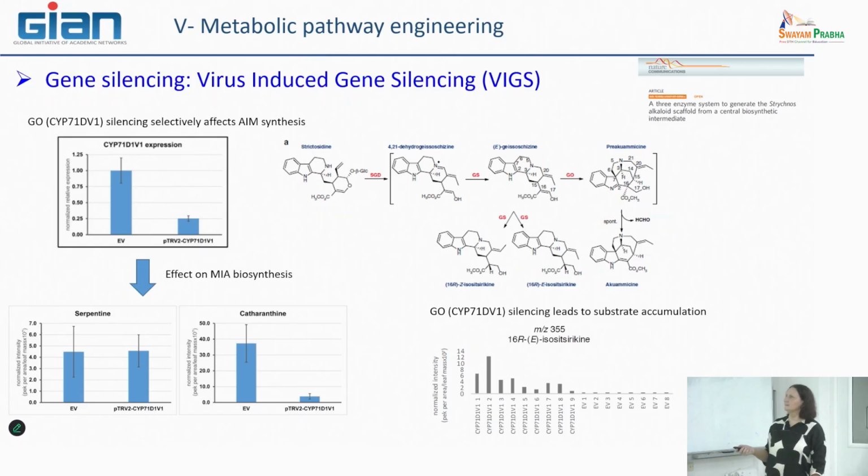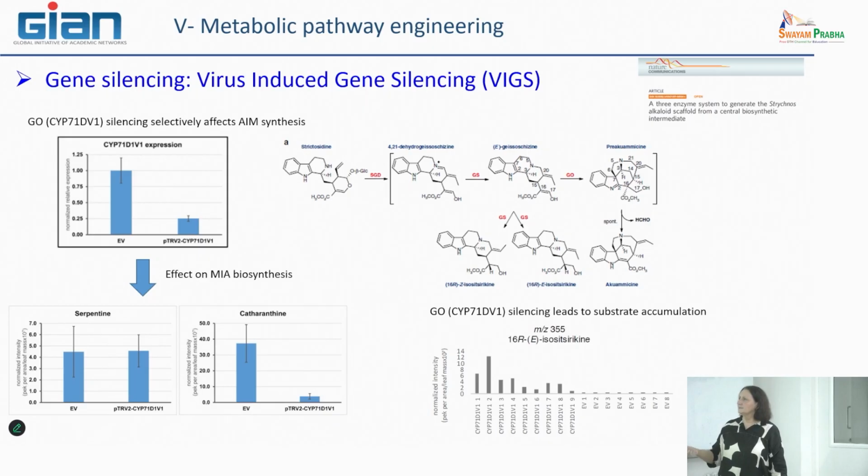What is interesting is that we didn't know which step this enzyme was able to catalyze. By combining different VIGS strategies, we generated plants, through transient transformation, in which you can see a strong decrease in the amount of transcripts corresponding to the genes.